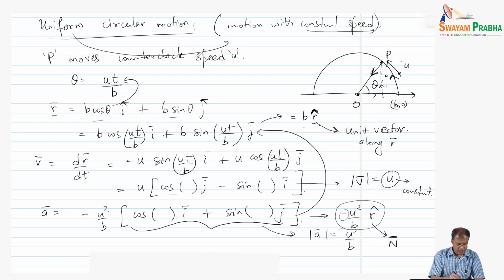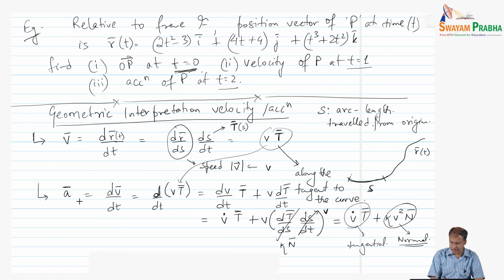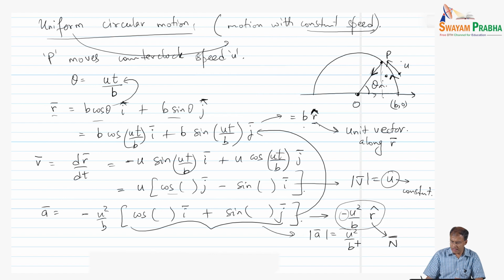If we go back one slide, notice that the acceleration was v dot times the quantity along the tangential direction plus the quantity along the radial, the normal direction. The quantity along the tangential direction in uniform circular motion is 0, because it's a motion with constant speed. So v dot is 0, and the quantity along the normal direction is kappa times v square. So we see that this is kappa times u square, u being the speed of the particle.